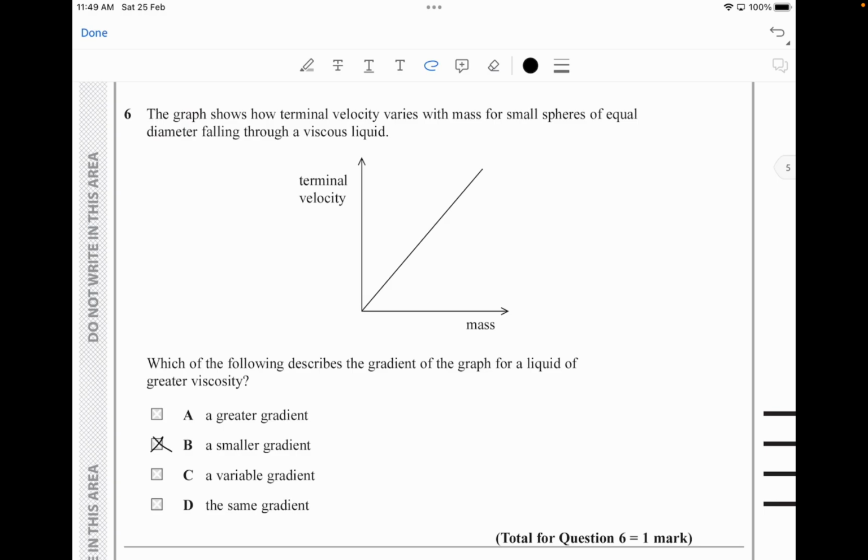The reason is that greater viscosity would reduce the terminal velocity, which would give us a lower gradient. That's why it's B, a smaller gradient in this case. So let's move on to the next question.